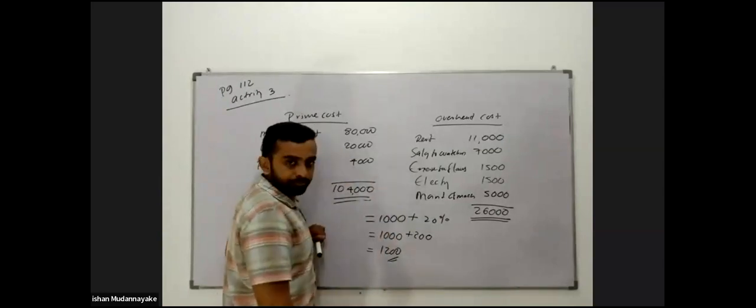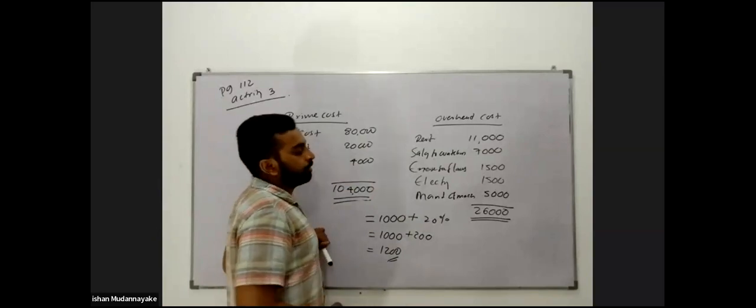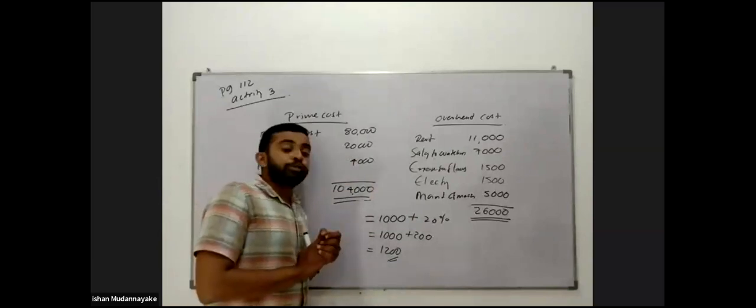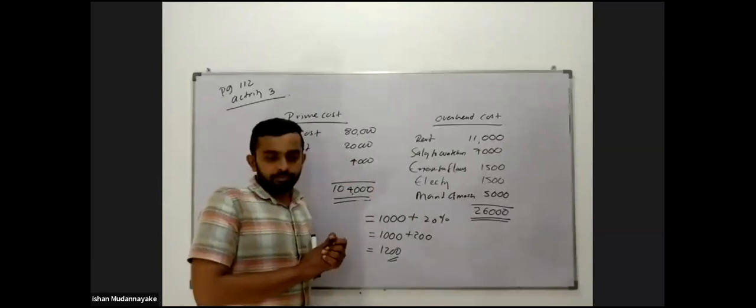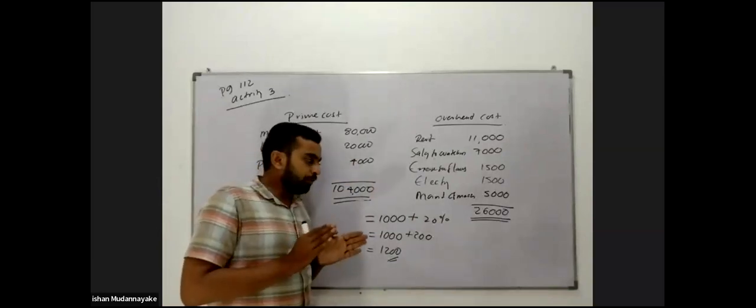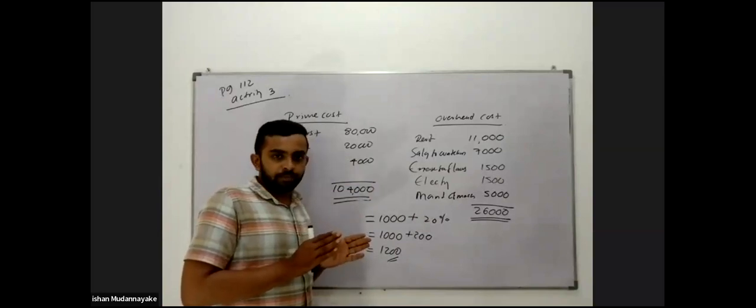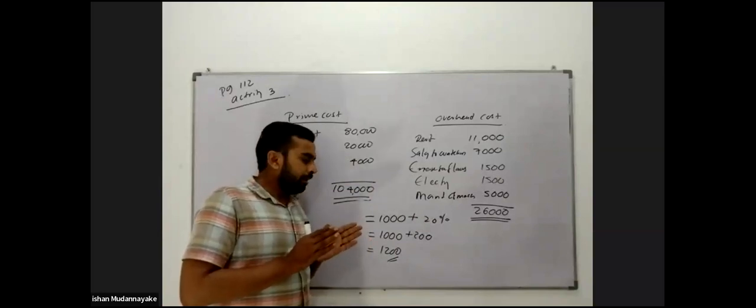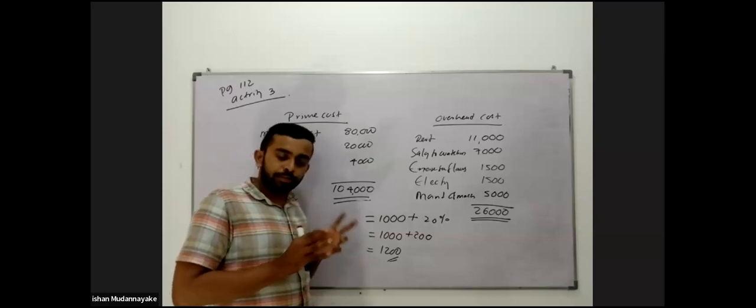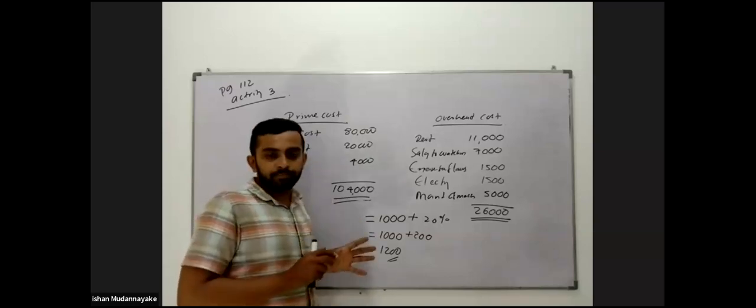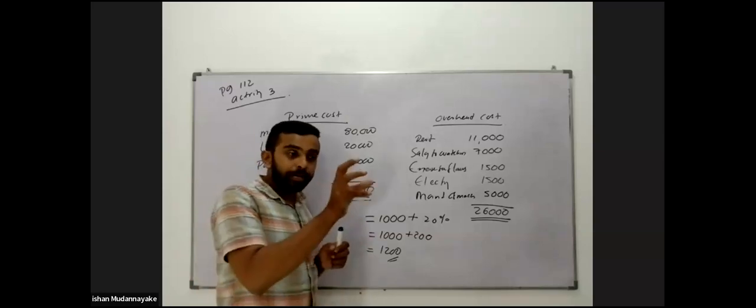Cost-based pricing. For example, the price of the corona vaccine. When a drug manufacturing business organization manufactures the corona vaccine, to the cost they add a profit percentage.